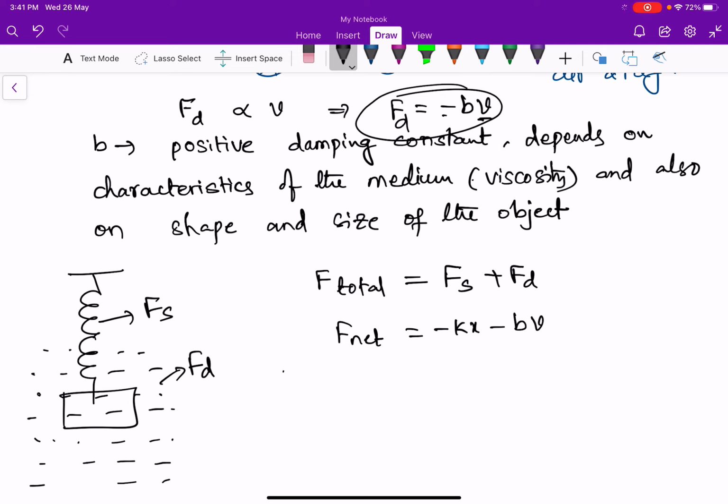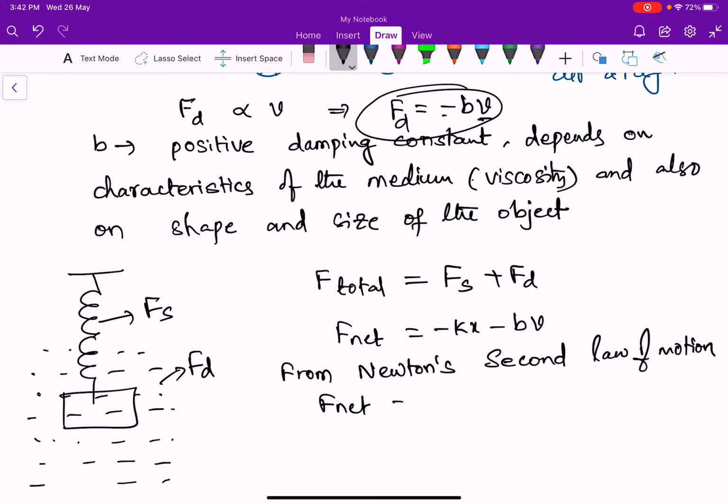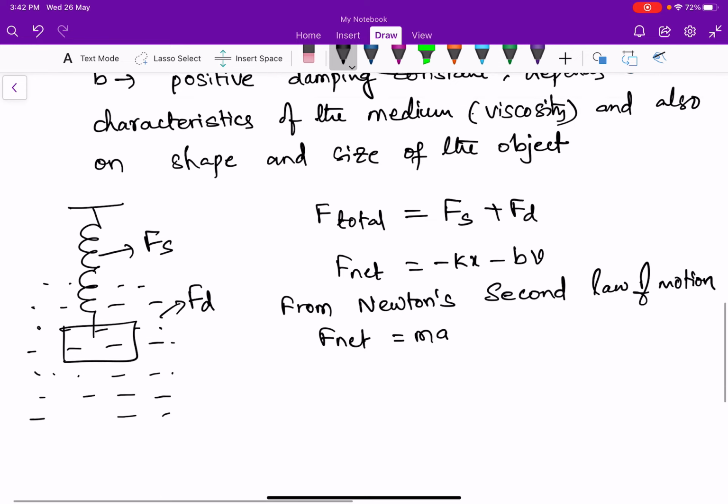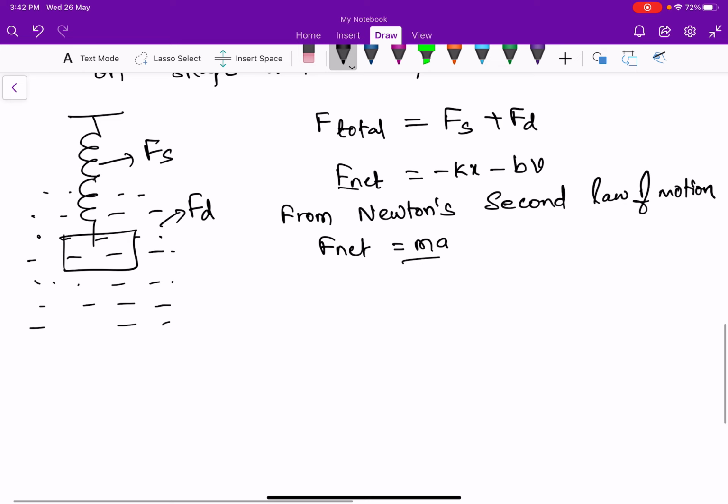We know from Newton's second law of motion, net force is equal to mass times acceleration. I'm substituting net force as mass times acceleration is equal to minus bv minus kx.